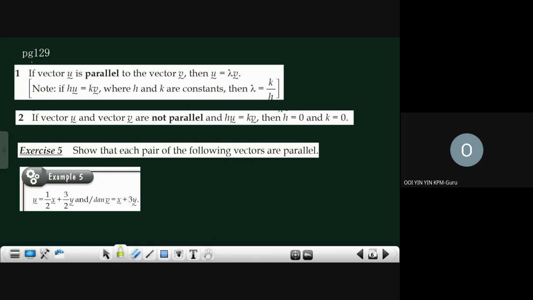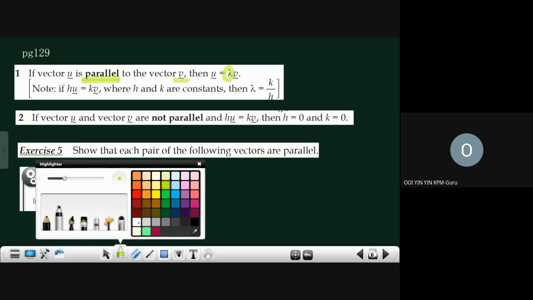Okay, if vector u is parallel, don't get confused with parallel here and the parallel in your chapter 7, right? Okay, you have many parallels, and parallel lines actually have many uses. Now, if vector u is parallel to vector v, okay, then u equals to this symbol, we read it as lambda. Lambda. How to spell lambda?